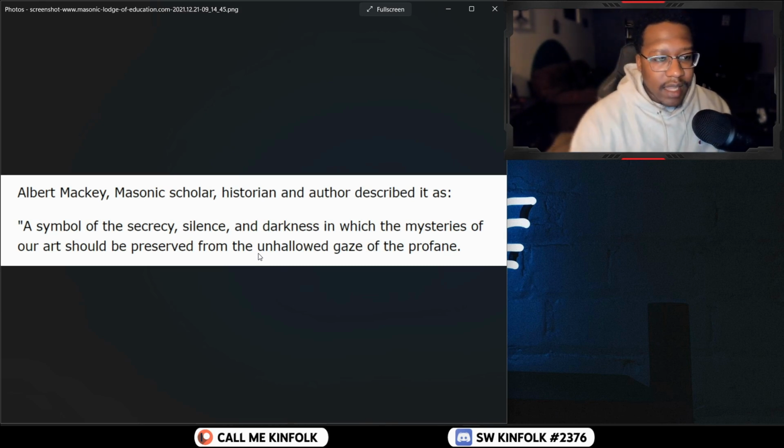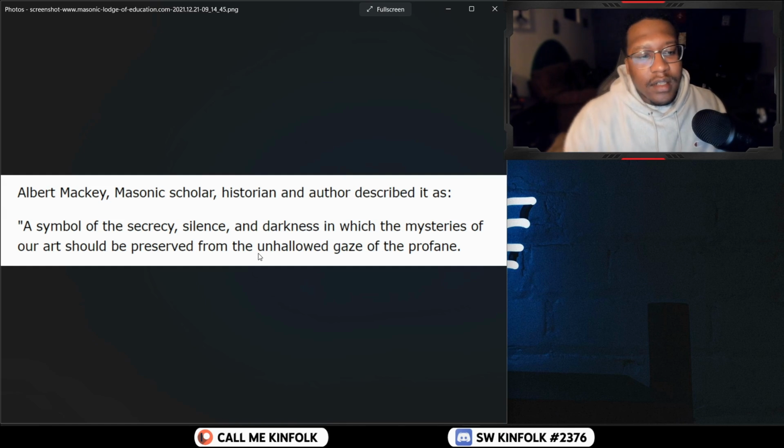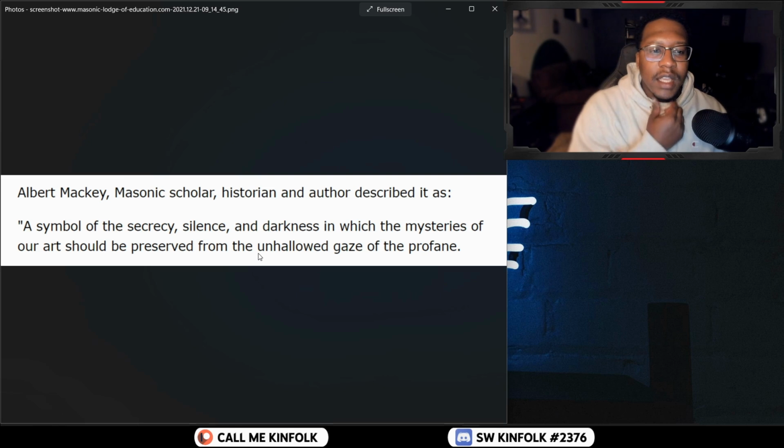It was also said by Albert Mackey, who was a Masonic scholar, a symbol, this ritual is a symbol of the secrecy, silence and darkness in which the mysteries of our art should be preserved from the unhallowed gaze of the profane. So they speaking, we are the profane, you know, it's the symbol of the secrecy, the silence and the darkness that they have to preserve from everyone else.